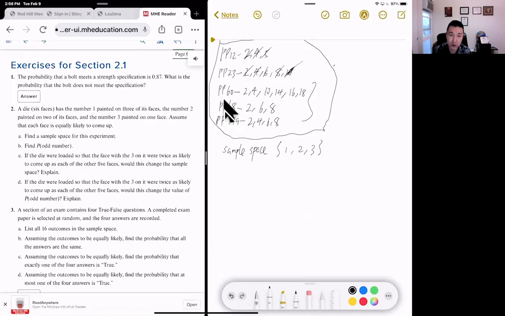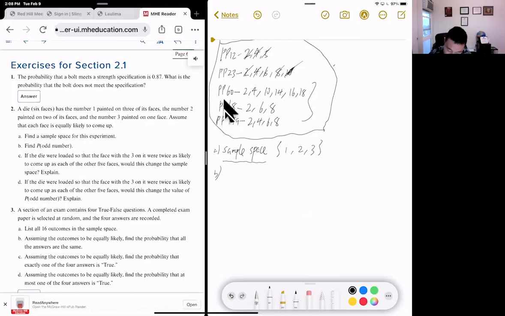So the sample space in this case is 1, 2, and 3. Remember, sample space means the list of all the possible outcomes of a certain experiment.